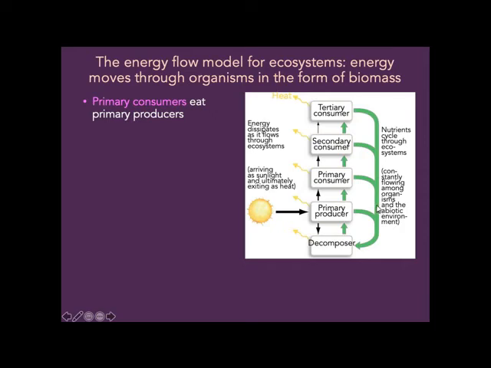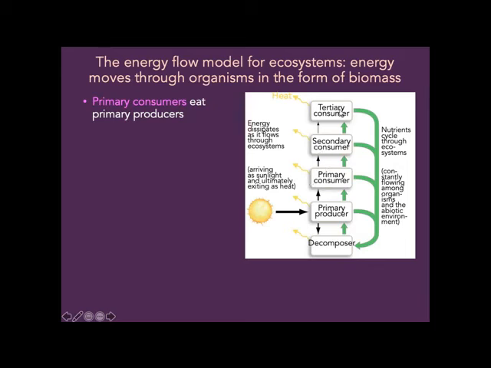This is different than the pathway that energy takes. Energy is coming from the sun, and the primary producer is undergoing photosynthesis to make it into sugars, and then the primary producer is undergoing cellular respiration to power its cells, and so some of the energy is lost as heat. The primary consumer is eating the plant and undergoing cellular respiration, losing energy as heat.